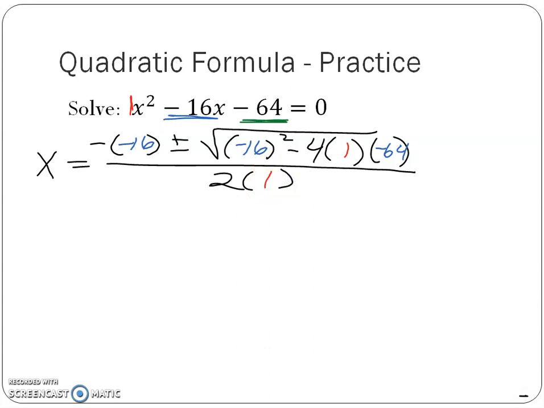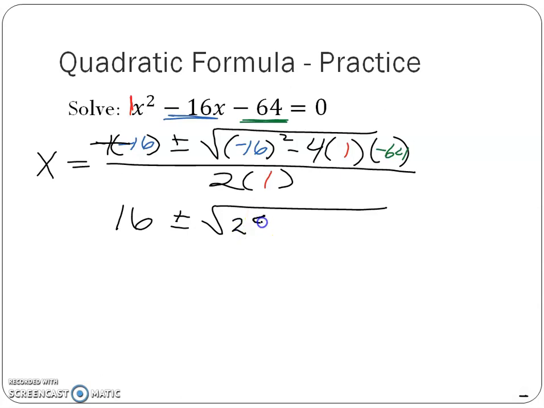I just realized I used the wrong color for my negative 64. Sorry. That should be green. Negative 64. Okay, all right. Now, we're going to go through here then. 2 negatives makes it a positive 16. Okay, plus or minus the square root of. I've got a negative 16 squared. So negative 16 squared would be 16 times 16.